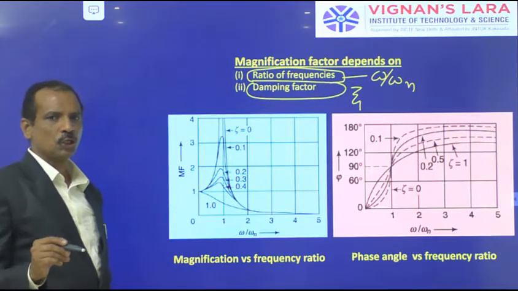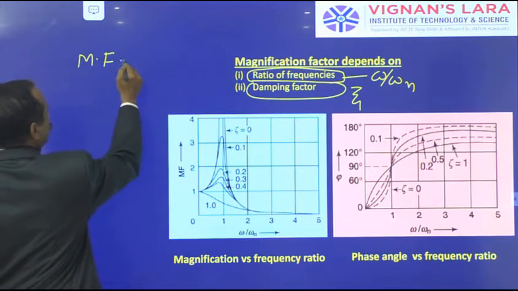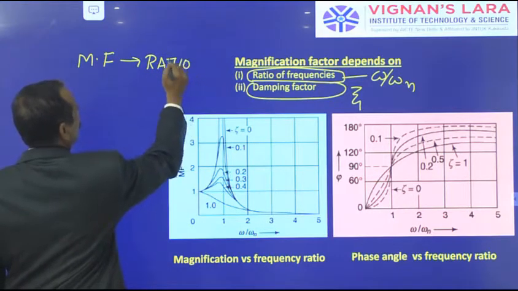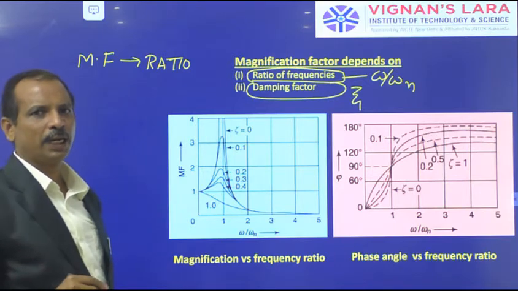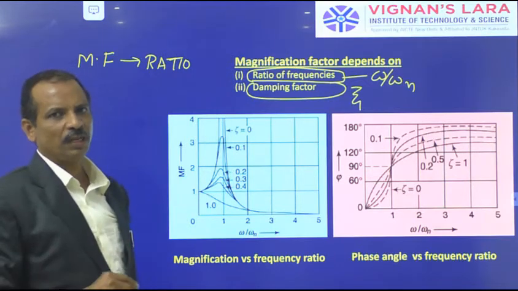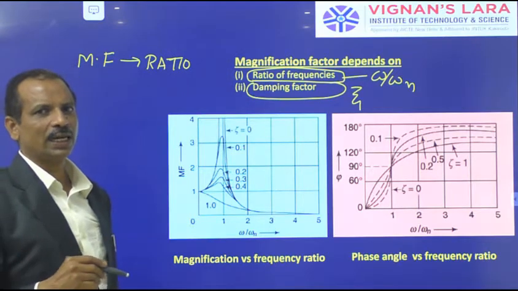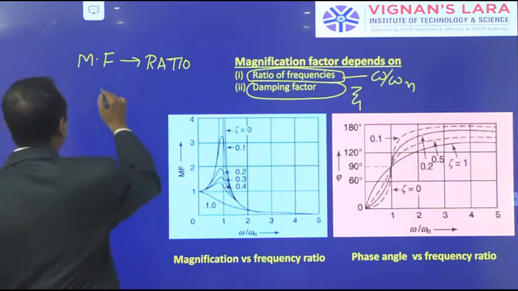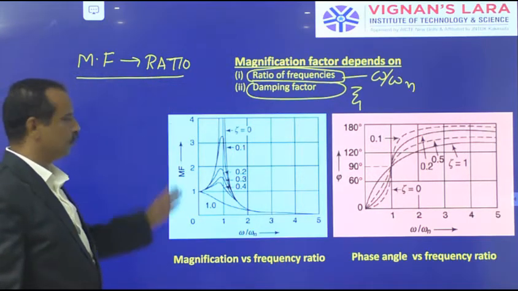It is a ratio, and a ratio will never have a unit. Here we have compared the displacements obtained under forced vibration in steady state with the static displacement for the same force. So it is the ratio of displacements and doesn't have any unit. It is simply a dimensionless number like 1, 2, 3, 4.